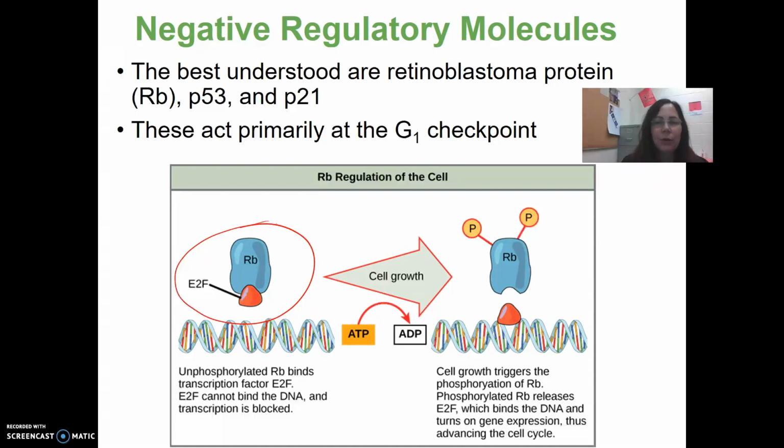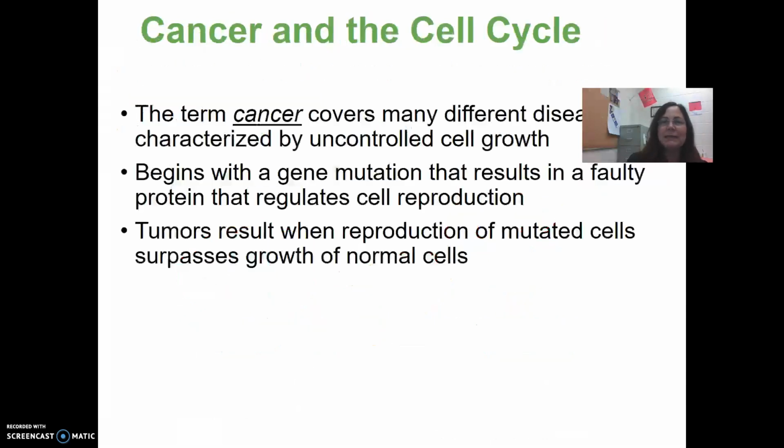But if the cell grows as it is supposed to, in a predictable manner, and the size is large enough, then the presence of ATP will cause the RB protein to become phosphorylated, and it will disconnect from E2F, and then E2F will bind to DNA and cause the cell cycle to continue, to advance.